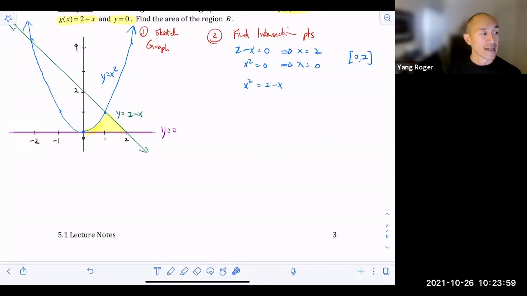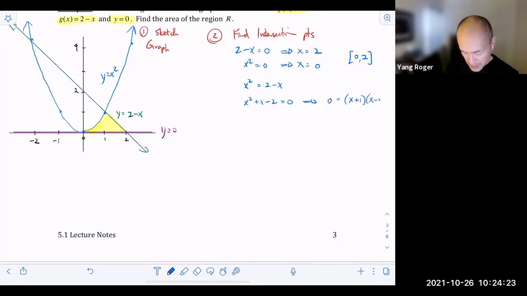So let me solve that. I'm going to move everything over to one side. I'm going to get x squared plus x minus 2 is equal to 0. And this means that 0 is equal to x minus 1 times x plus 2.